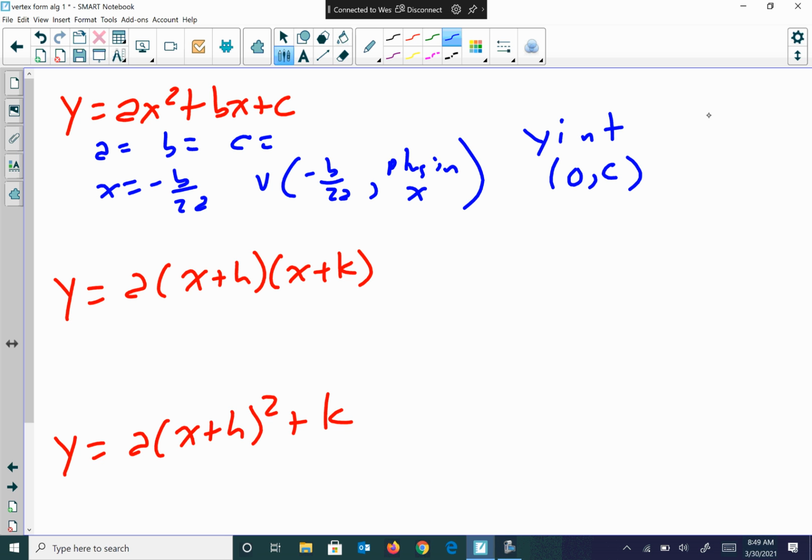And then our pattern graph is a times 1, 3, 5. Agree? Yes. Plug in x to get y. How's that? A little better?